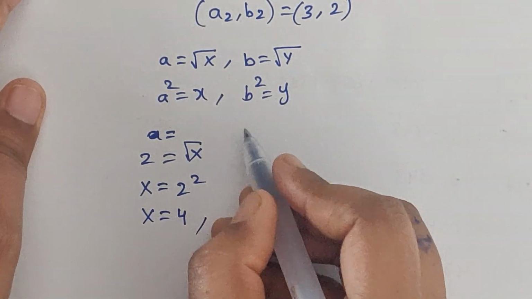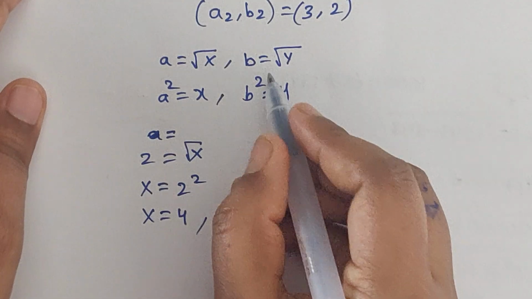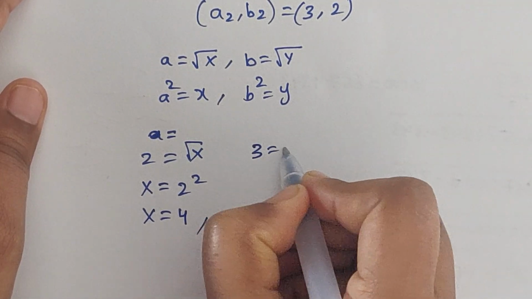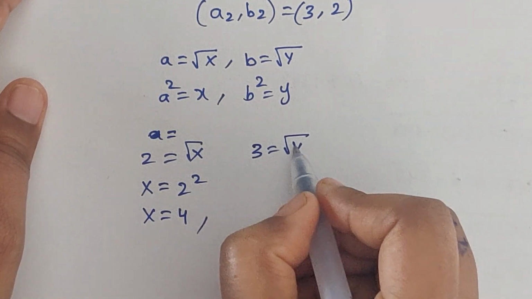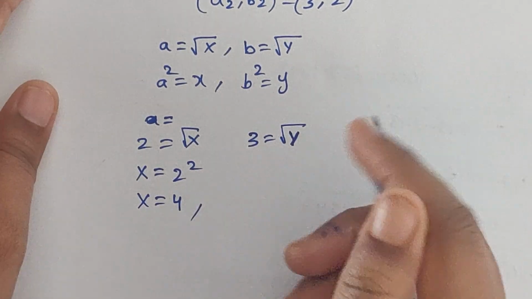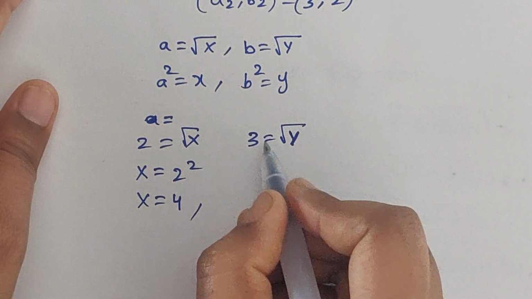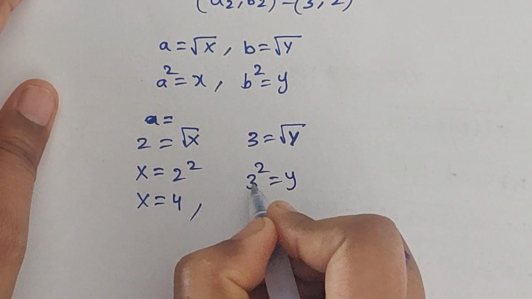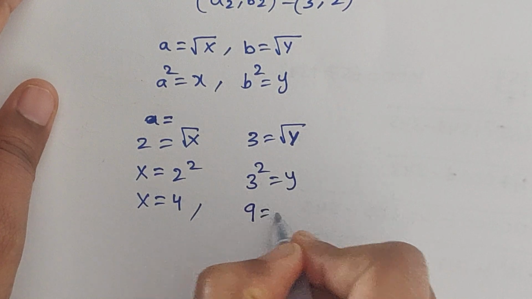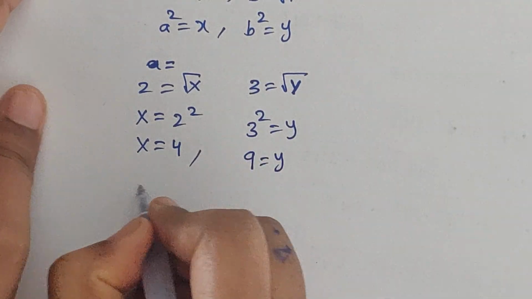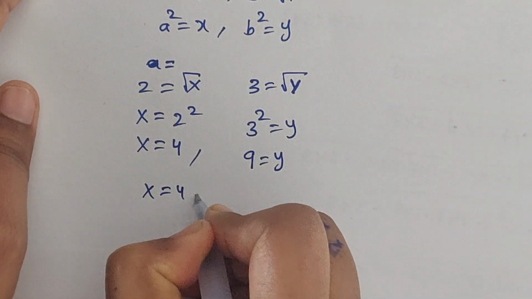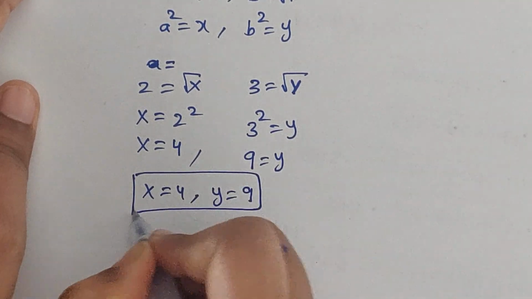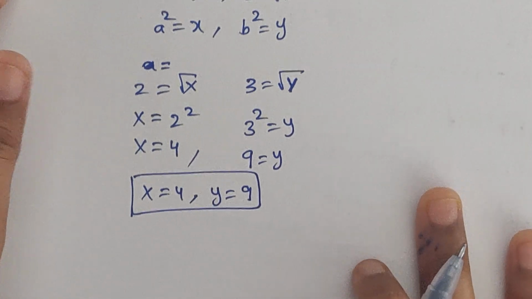And b value is 3, so 3 equals square root of y, so y value is 3 square which is equal to 9. So x equals 4 and y equals 9, so we got x and y values.